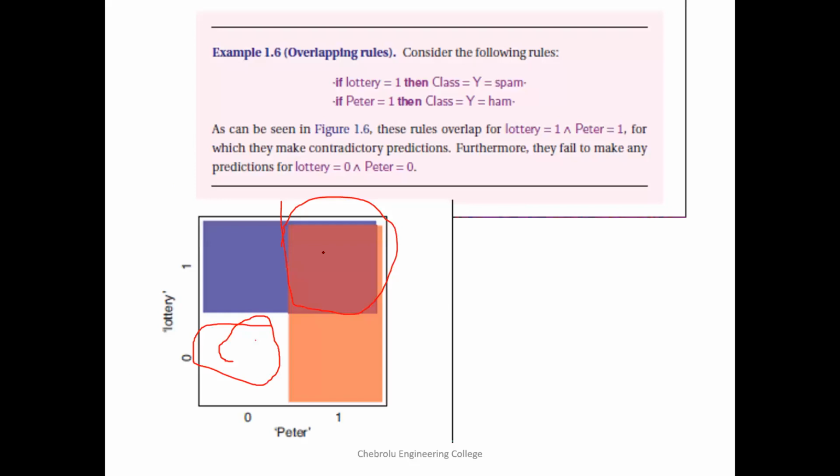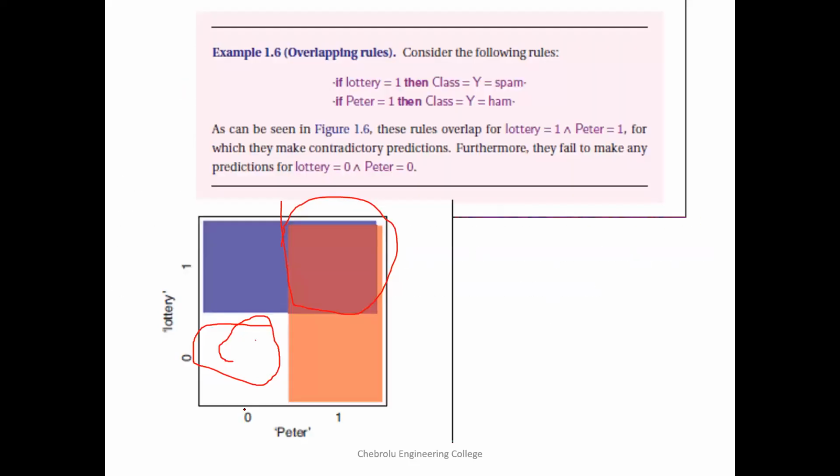Overlapping means two or more conditions use the same space. Overlapping is okay, no problem. It is not bad, but inconsistency and incompleteness are very bad for a model.